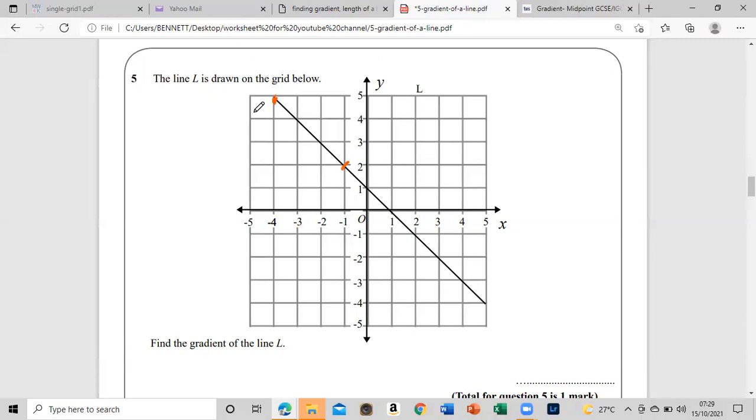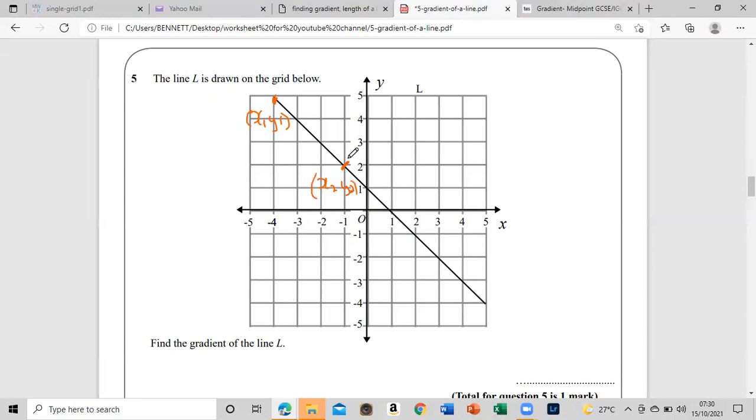So this one we could call our x1. Again, it doesn't matter what you name it, x1 or x2. I could have named this one x2, y2, it does not matter. We get the same answer. As I say, the gradient is the same throughout the entire line.